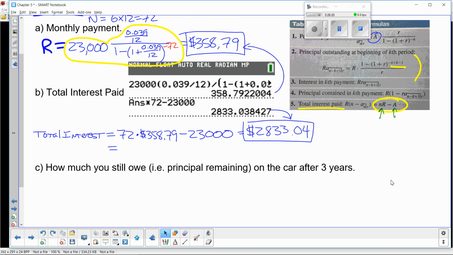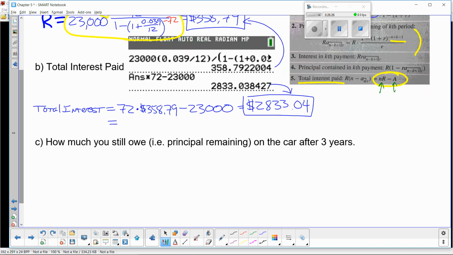So when we do this, our amount remaining, remaining principal, equals.